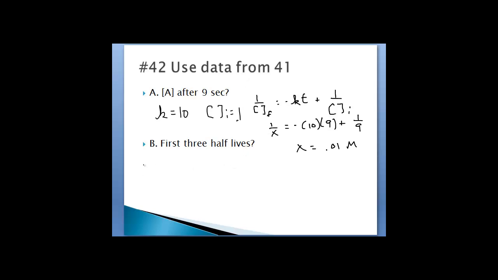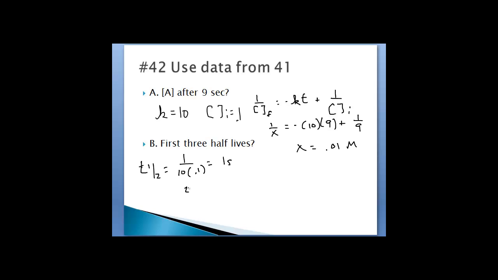Okay, since this is a second order process, we're going to find the first 3 half-lives. So the first one, T1/2, is equal to 1 over our K value, which is 10, multiplied by the initial concentration, which we said was 0.1 (so 1 over K times initial concentration), and we're going to get a value of 1 second.